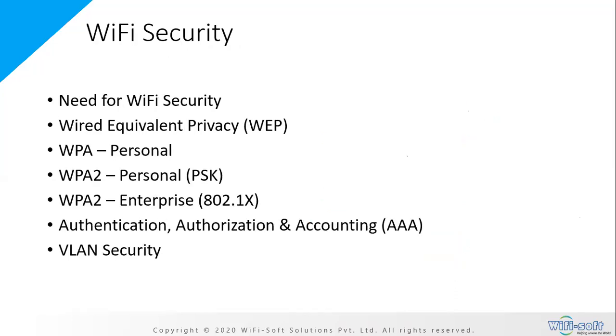Now, as soon as you connect to an access point, obviously there is a concern of security. This is one of the most important topics of Wi-Fi, because Wi-Fi is an open medium; there is no physical security available in Wi-Fi.